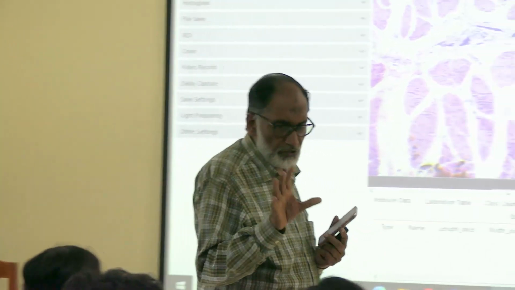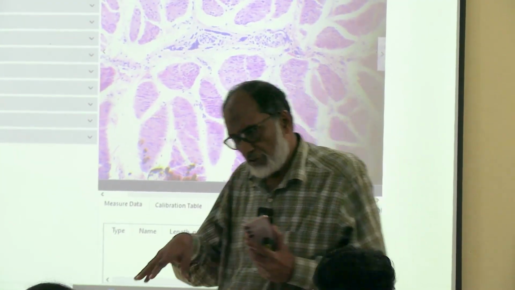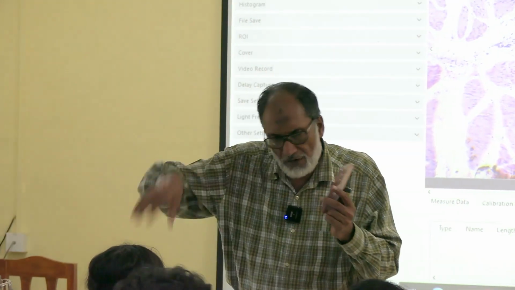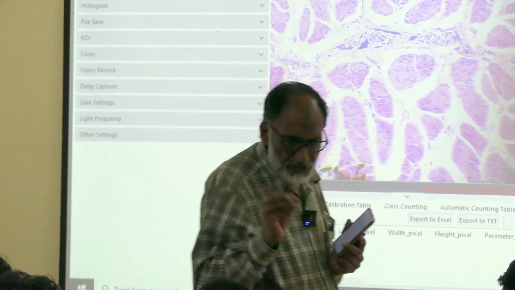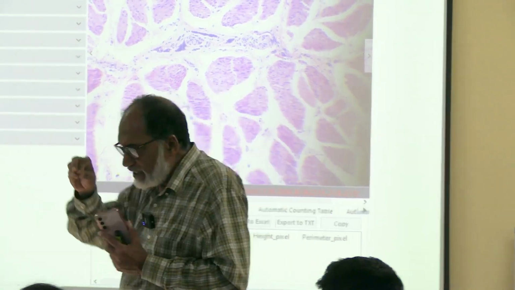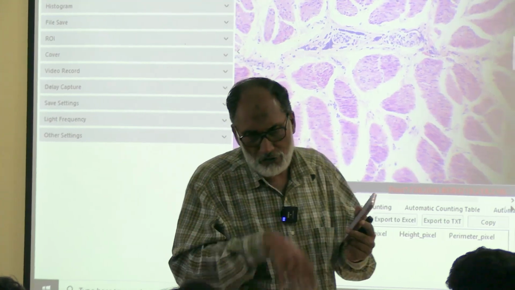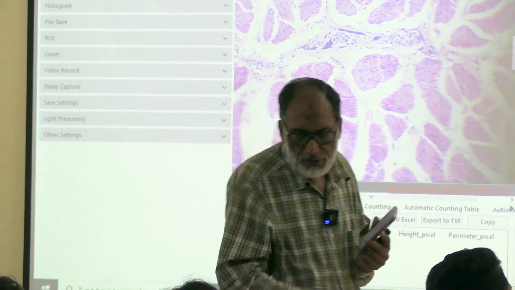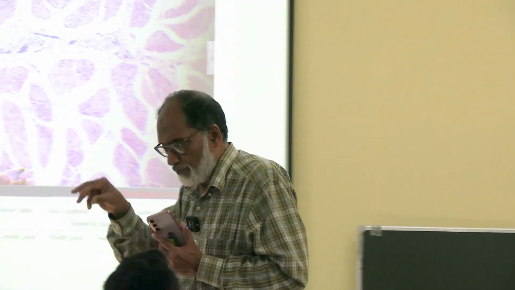Though there is some controversy: if it is transcoelomic spread, then the tumor should be found at the peripheral part of the ovary. But it has been found that these malignant tumor cells are found at the center.